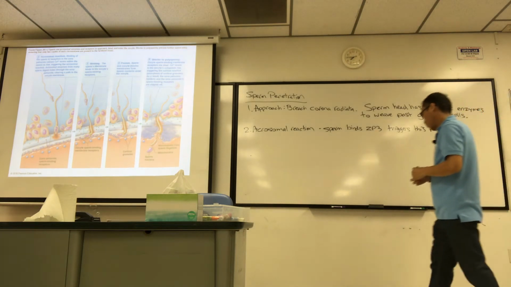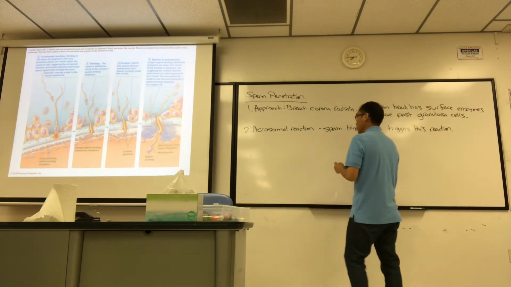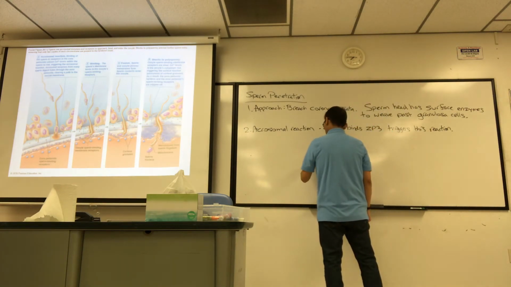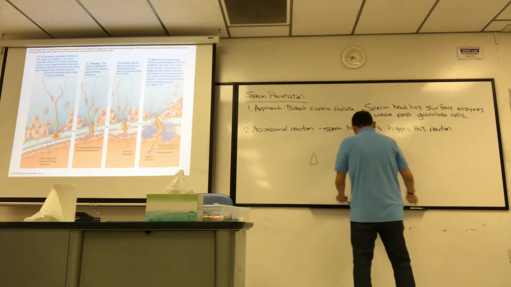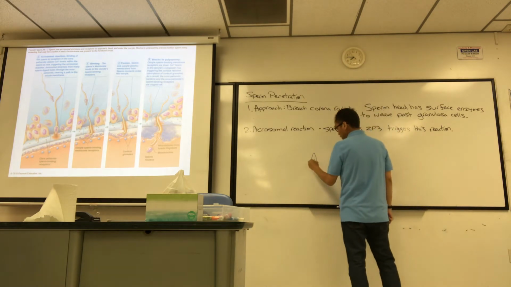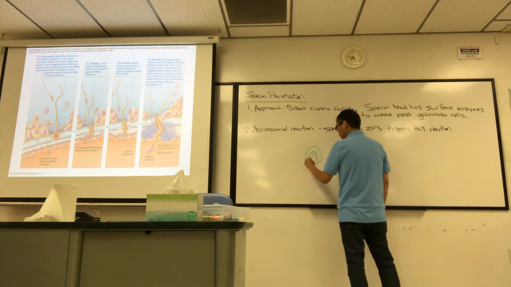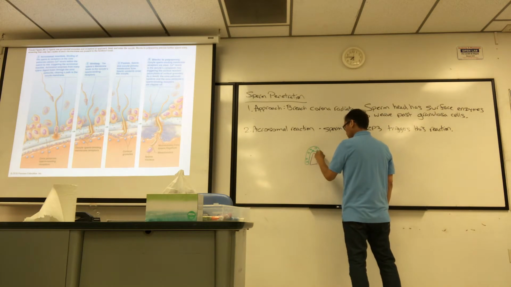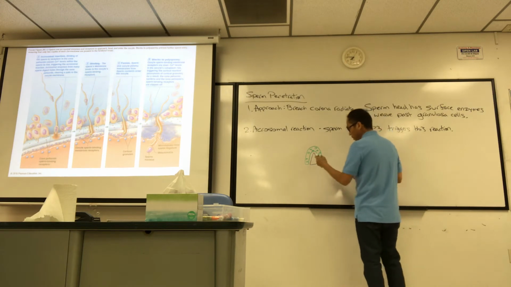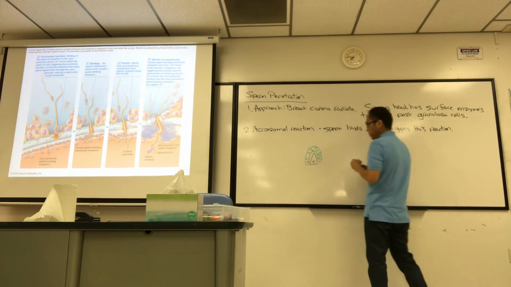Let's see, how did I draw it before? I don't know if you remember, I drew a sperm head, purple, and I drew the acrosome as a double green membrane filled with all these lytic chemicals. What's important here is the DNA in the sperm head, haploid material.